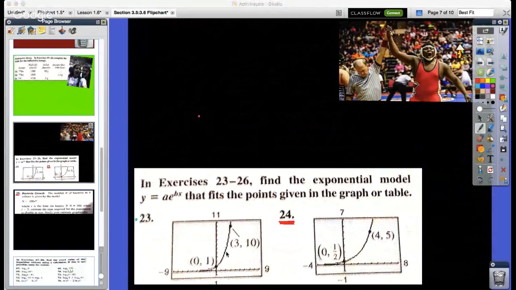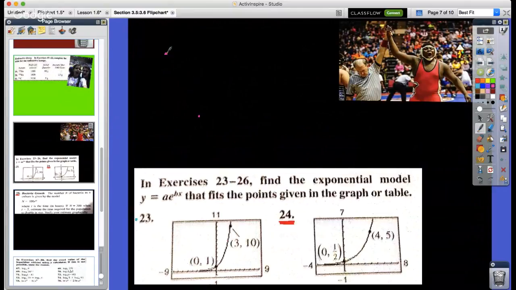All right, so this one, again, is a little strange. What we know is that the formula for our exponential here is y equals a b to the x power. Hold on just a second, I'm going to make sure I delete this here.